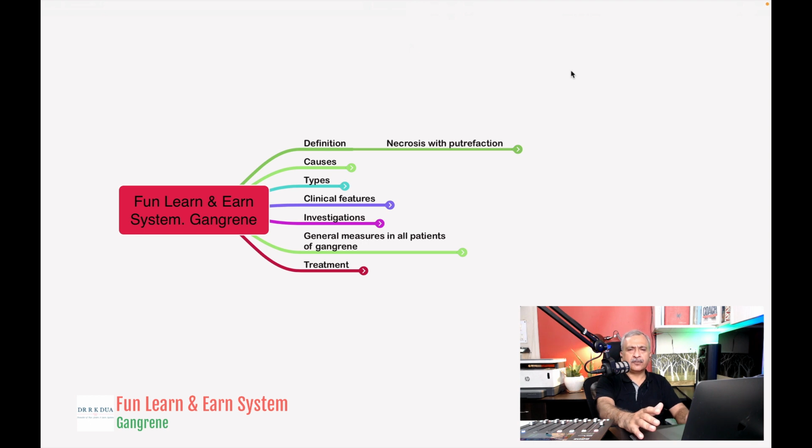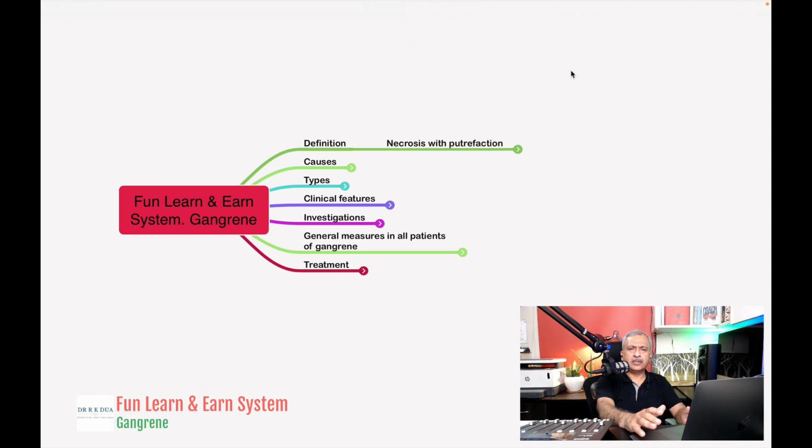But in dry gangrene, only the arterial supply is decreasing slowly, and there is no superadded infection over the dead tissues. In that case, the tissues become dead, dry, shriveled, and mummified.